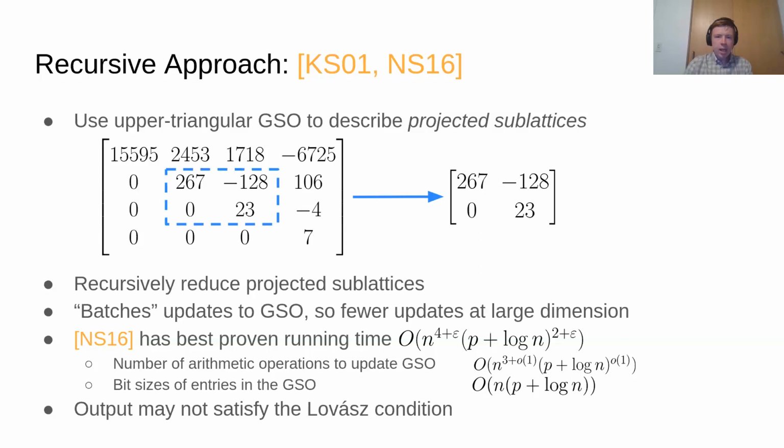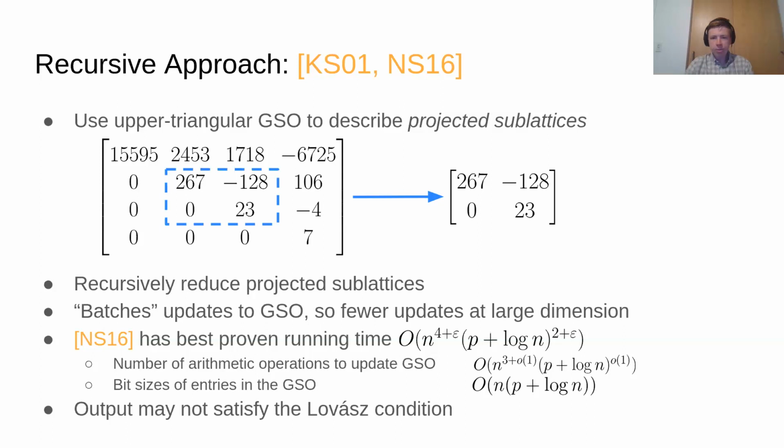So you'll see that for the NS16, which is the Neumaier-Stehlé algorithm from 2016, we've reduced the cost from n to the 5th plus epsilon to n to the 4th plus epsilon. And this algorithm has the best proven running time for lattice reduction algorithms.